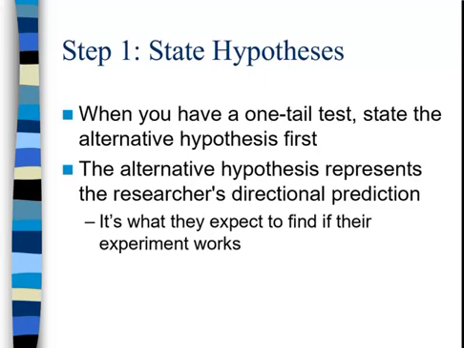When you determine that a test should be one-tailed, it's a nice strategy to start with the alternative hypothesis first. An easy way to think about this is that the alternative hypothesis represents the researcher's directional prediction. It's what they would expect their results to be if their experiment worked.